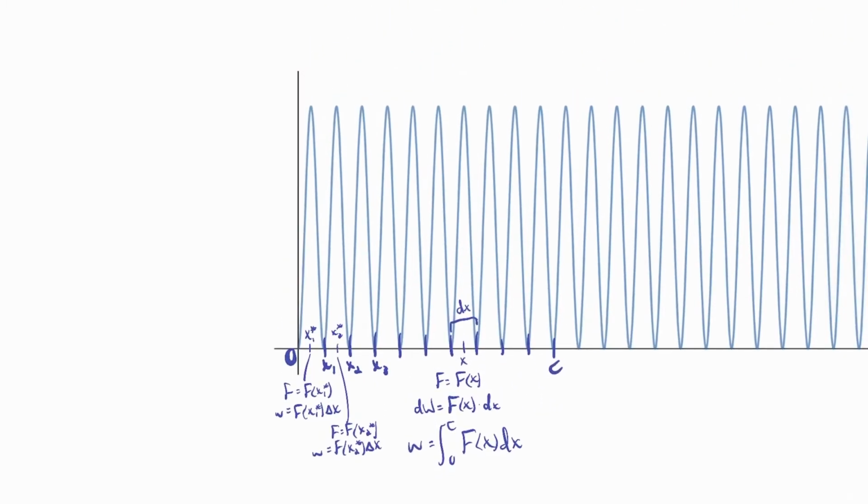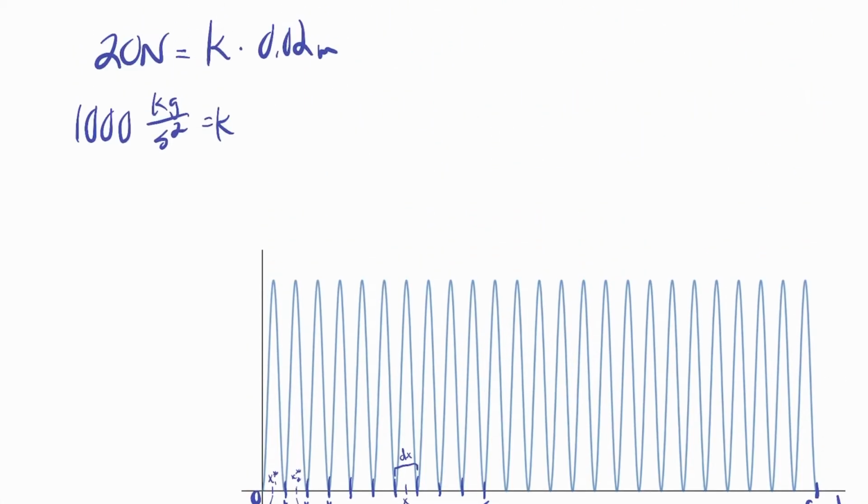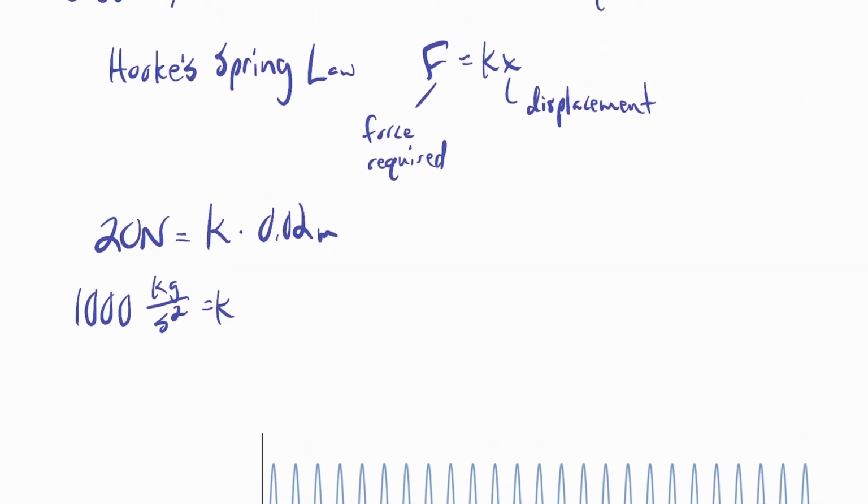So for this example, there's my spring constant. That means the function that describes the force is F equals 1000x. It's this guy, 1000 times x.